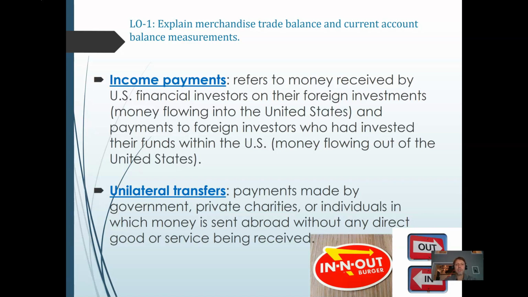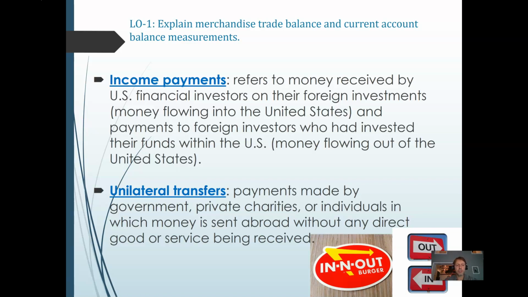And then there are payments we make to foreign investors. They've bought some Apple, and it could be an individual, a nation, or another company. Maybe Samsung has bought some ownership of Apple, invested in Apple, and when they get their investment return, that money goes back to Japan or back to that part of the world.